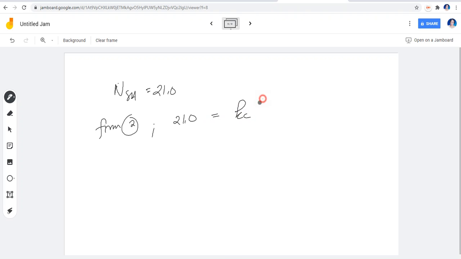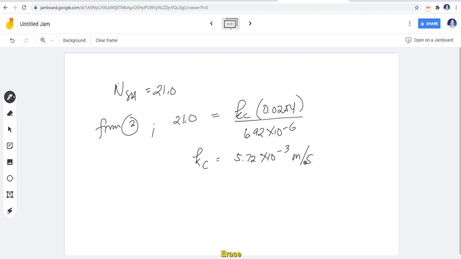The diameter is 0.0254, and we have the molar diffusivity of 6.92 times 10 raised to negative 6. This gives us a Kc value of 5.72 times 10 raised to negative 3 meters per second. Our solution is dilute, so this is the same as K sub C prime.